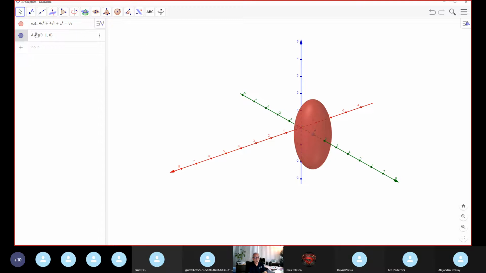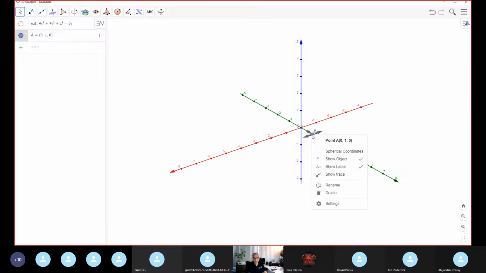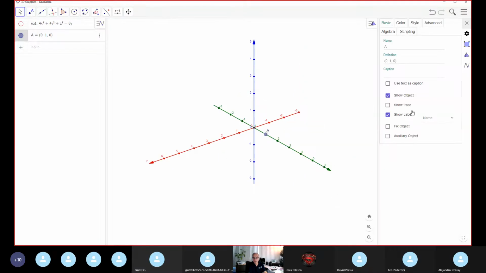Okay, do you see the point? Look at the point. And this point, for example, in the settings I put not only A, which is the default name your algebra view has. You put the name and the value, or just the value, which is the point (0, 1, 0).